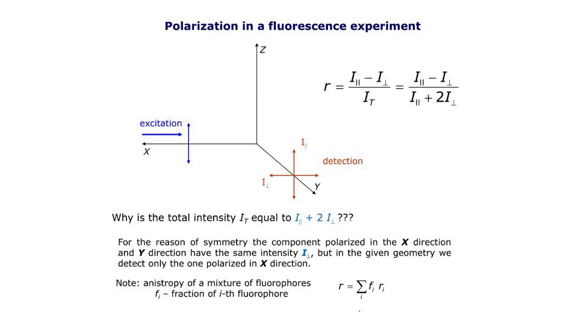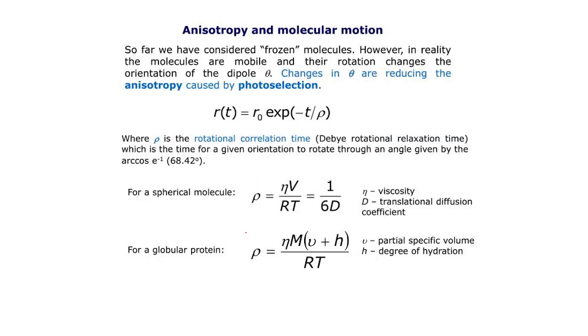Now we have to note that the anisotropy of a mixture of fluorophores, with Fi the fraction of the ith fluorophore, is R equals the summation over i of Fi times Ri. So that is why the total intensity IT equals the parallel intensity plus twice the perpendicular intensity.